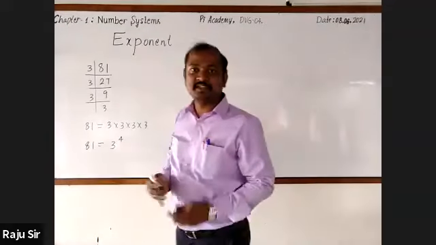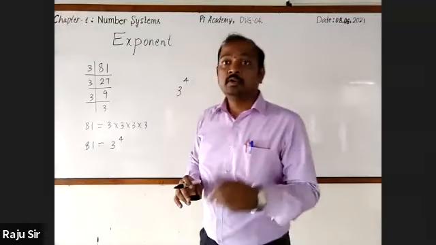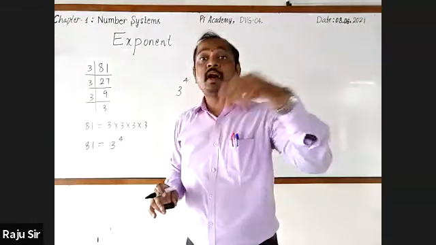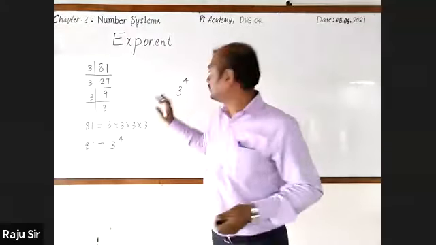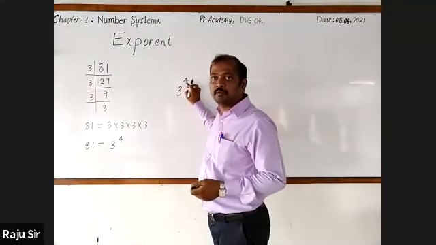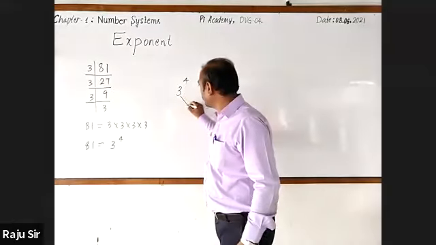Here 3 raised to the power 4 is there. Don't say it as 3 raised to the power of, it is just 3 raised to the power 4. Then what do you call 3?